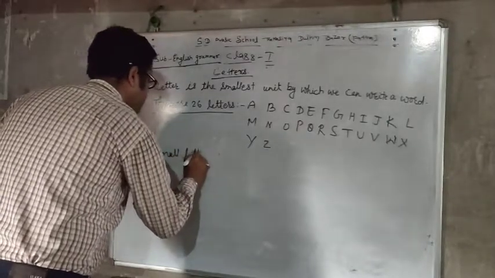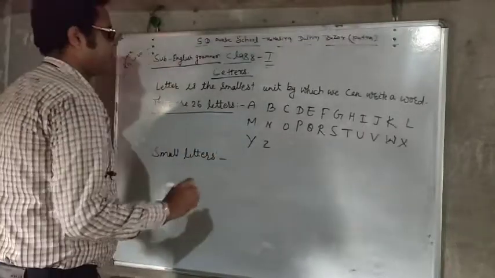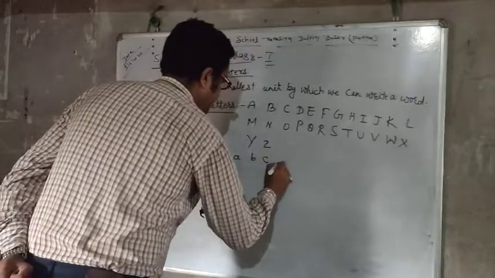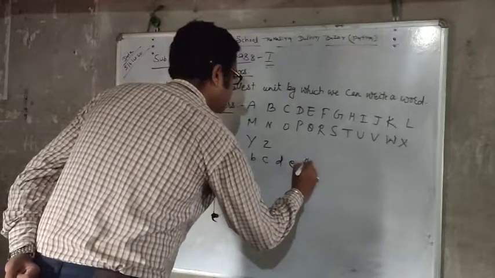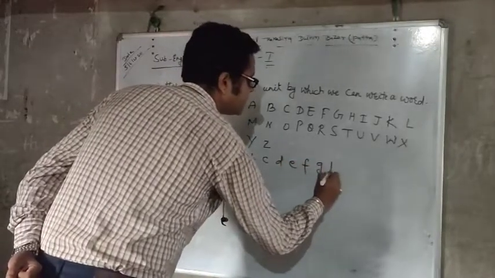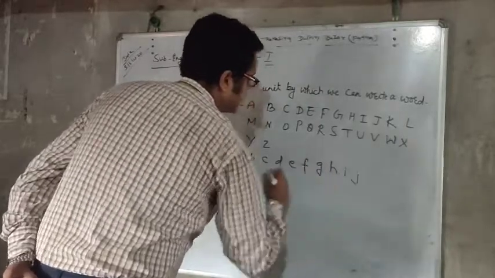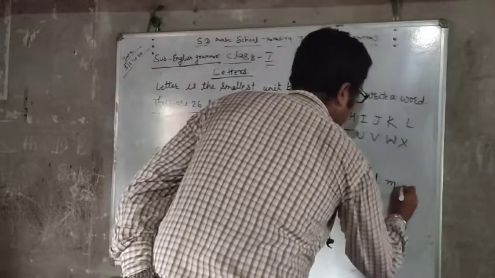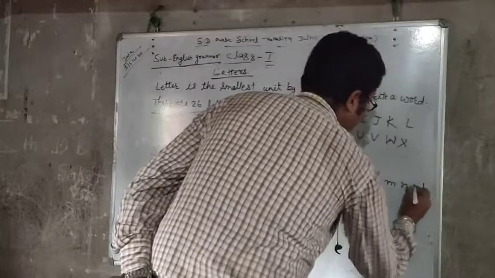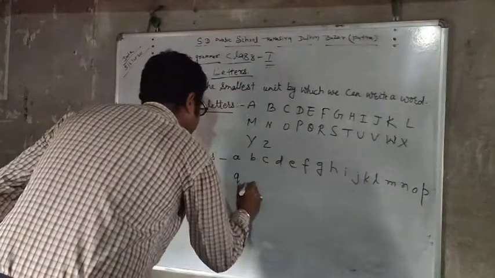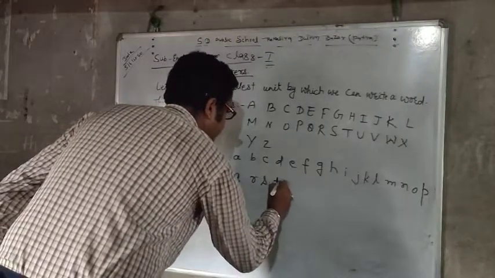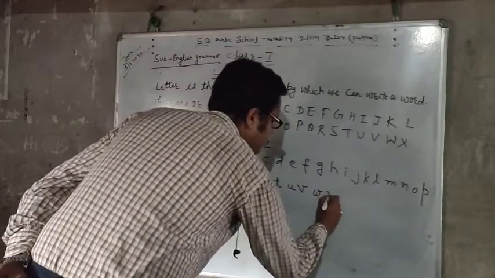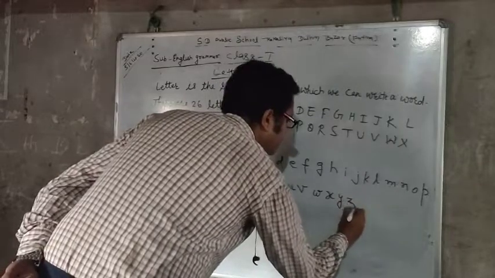Small letters: a, b, c, d, e, f, g, h, i, j, k, l, m, n, o, p, q, r, s, t, u, v, w, x, y and z.